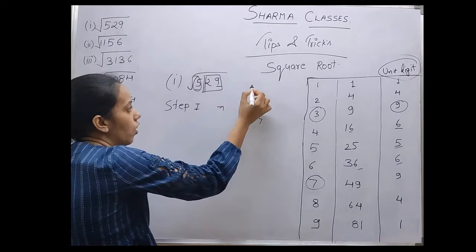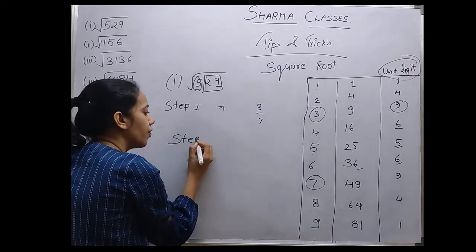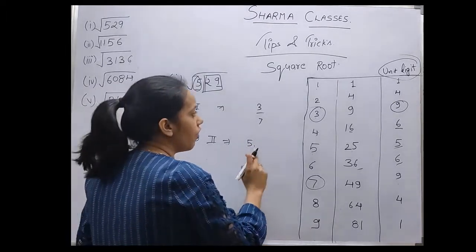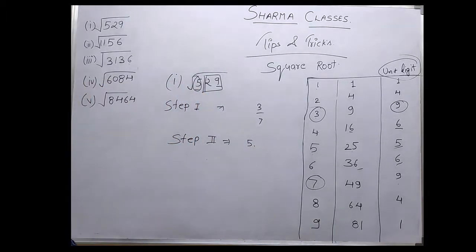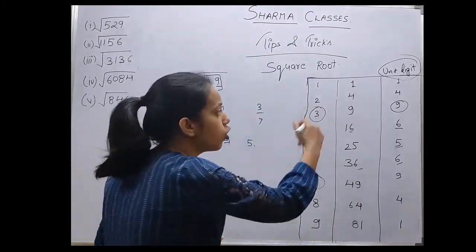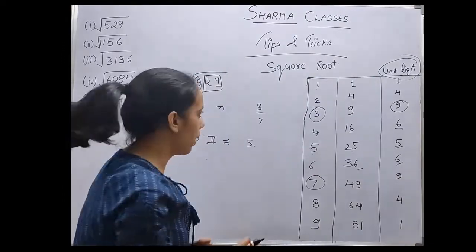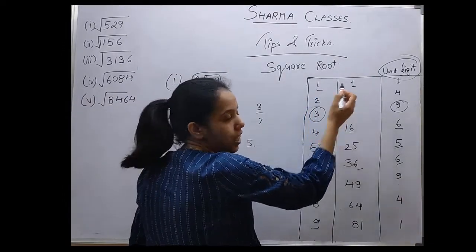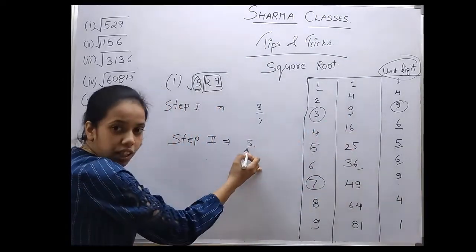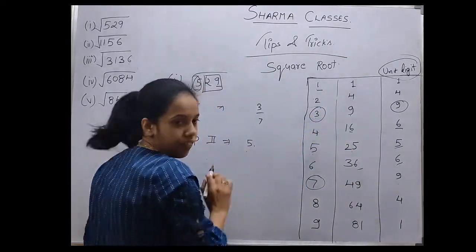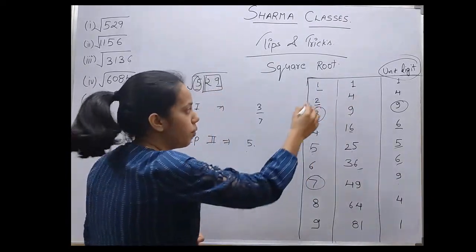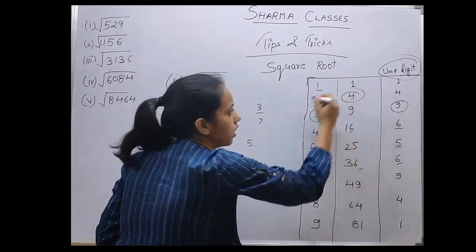So now, step 2, we focus on 5. Now we find which number's square is less than 5, that means a number whose square is less than 5. Square of 1 is 1, square of 2 is 4, square of 3 is 9. 9 is greater than 5 and 4 is smaller than 5, so we take 2.